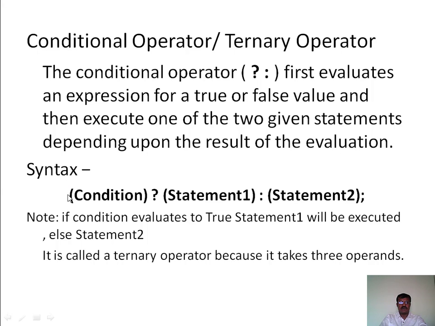The syntax is as follows. It is a condition followed by a question mark, then statement 1 followed by a colon followed by statement 2. If the condition evaluates to true, then statement 1 will execute. If the condition evaluates to false, statement 2 will execute.